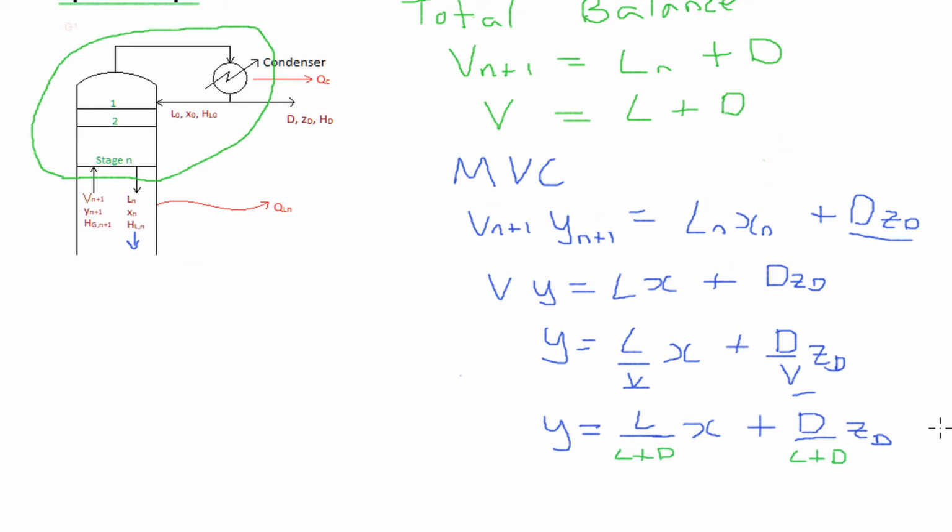Once substituting for the value of V, we will get this new equation, y equals L divided by L plus D multiplied by x, plus D divided by L plus D multiplied by zD.